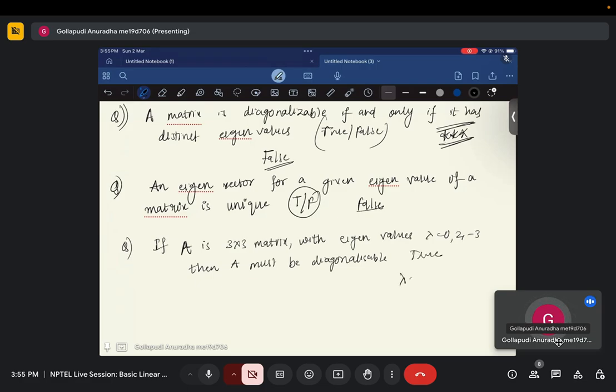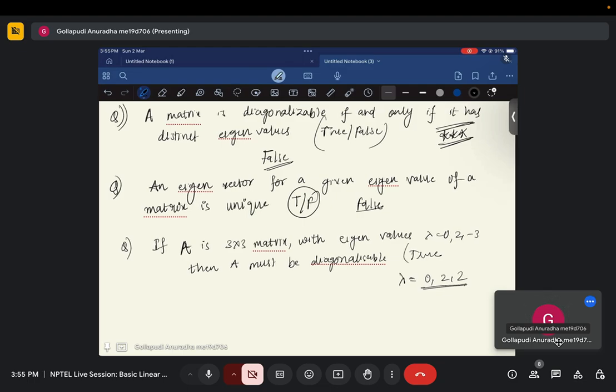For example, if I'm saying it is 0, 2, 2, then what will you say for that? Not necessarily diagonalizable. We cannot say. You cannot comment on this basically. You have to see.